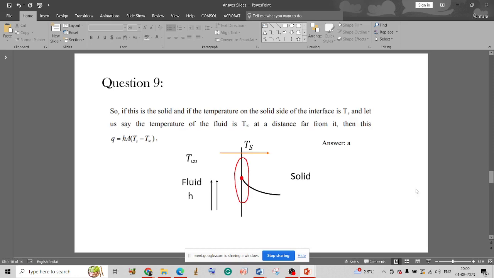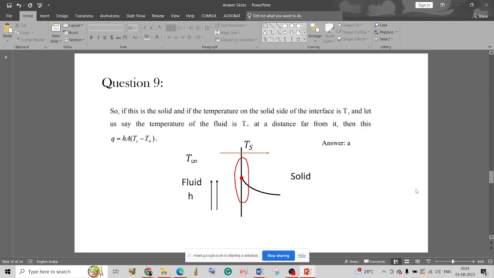So here we can see that it is a fluid on the left side and solid on the right side, right? The fluid is heated up at infinite surface, as convection is taking place in the fluid, so the temperature is same everywhere. So at any point in the fluid the temperature will be T infinity, and at the interface of the fluid and solid the temperature is Ts.